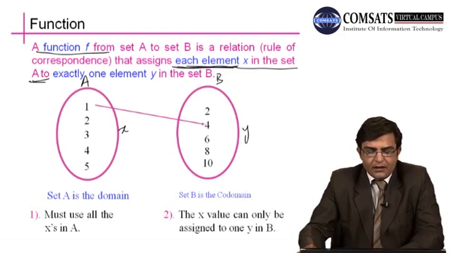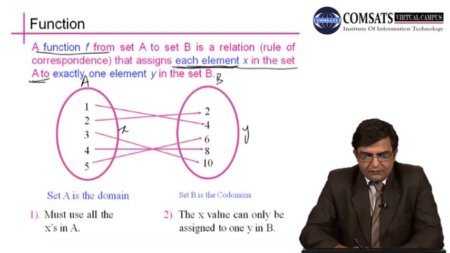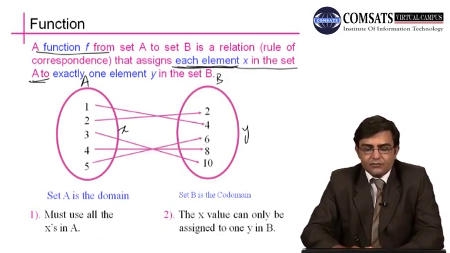For example, say 1 is related to 4, 4 is related to 8, 2 is related to 2, 5 is related to 6, and 3 is related to 10. Now we investigate whether this relation is a function.